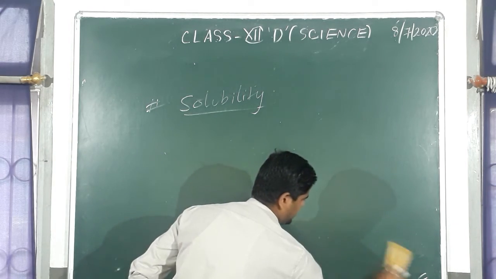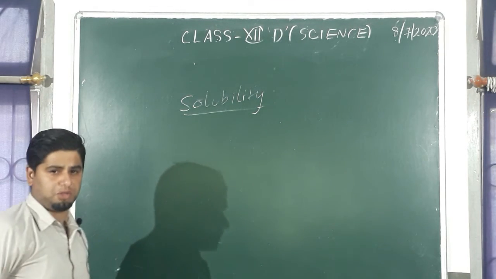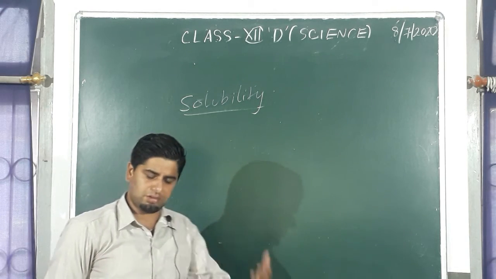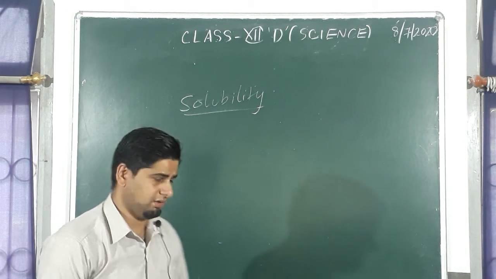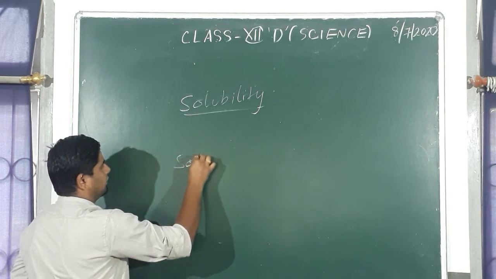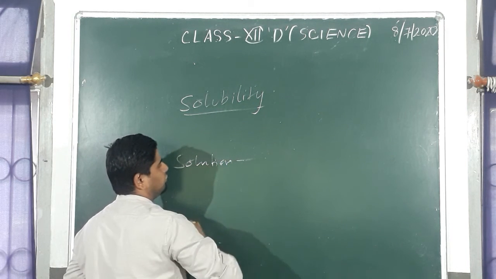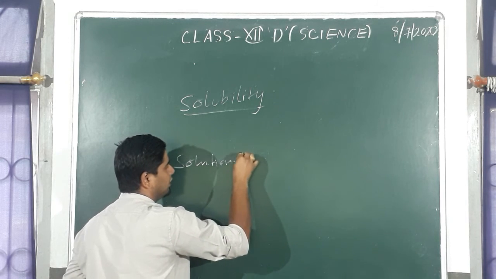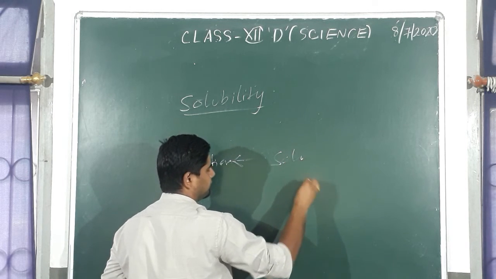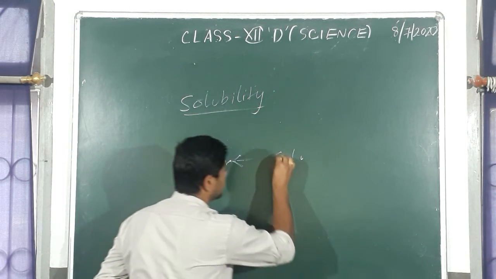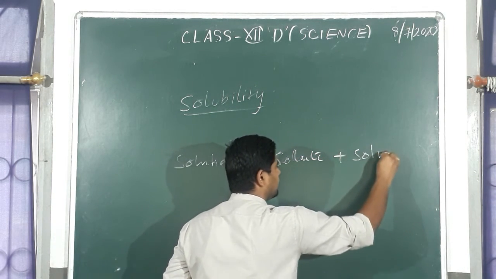So first you need to understand how the solution is formed. We know when a solvent dissolves the solute, there is a solution, but there is chemistry behind this. Listen, solution is formed by solute plus solvent.